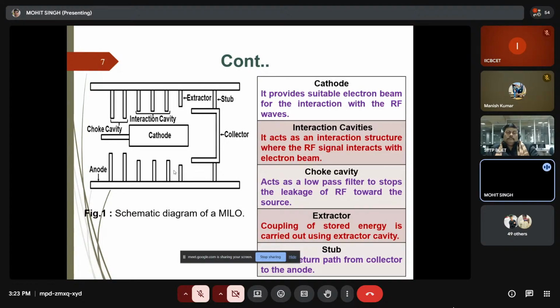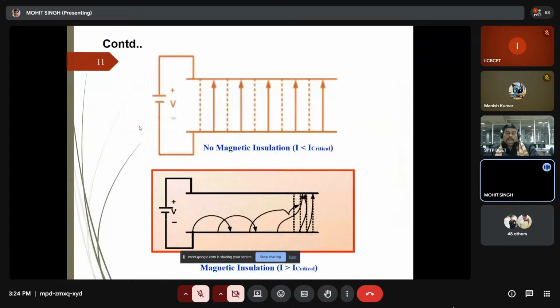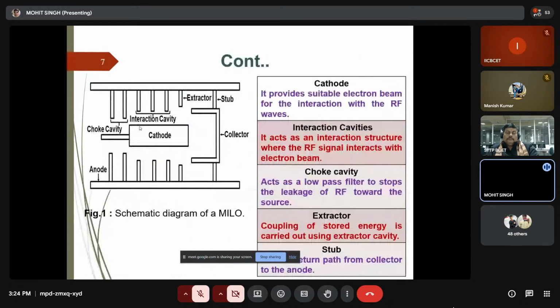If a 500 kilovolt potential difference is created between this cathode and anode, the cathode is tipped with velvet, and from that velvet, electrons are explosively emitted, and those electrons try to reach this anode. Okay, I will discuss that one in the next class.